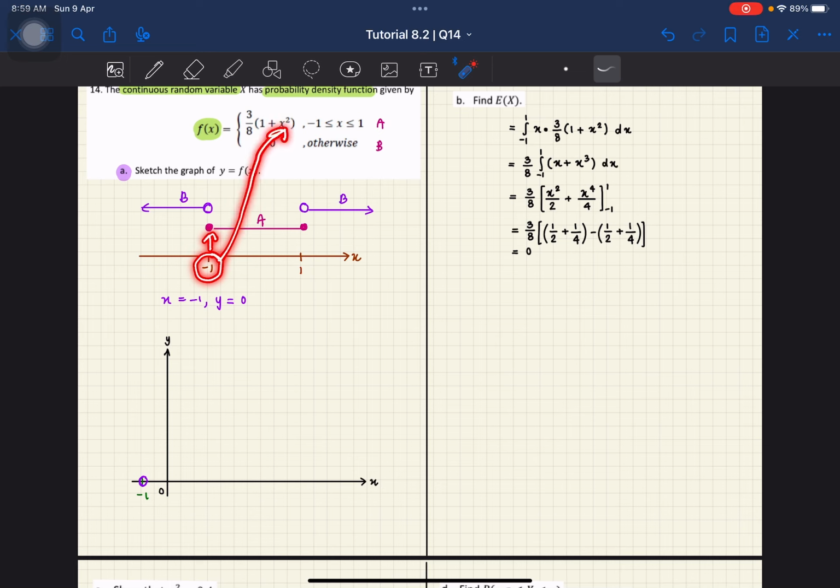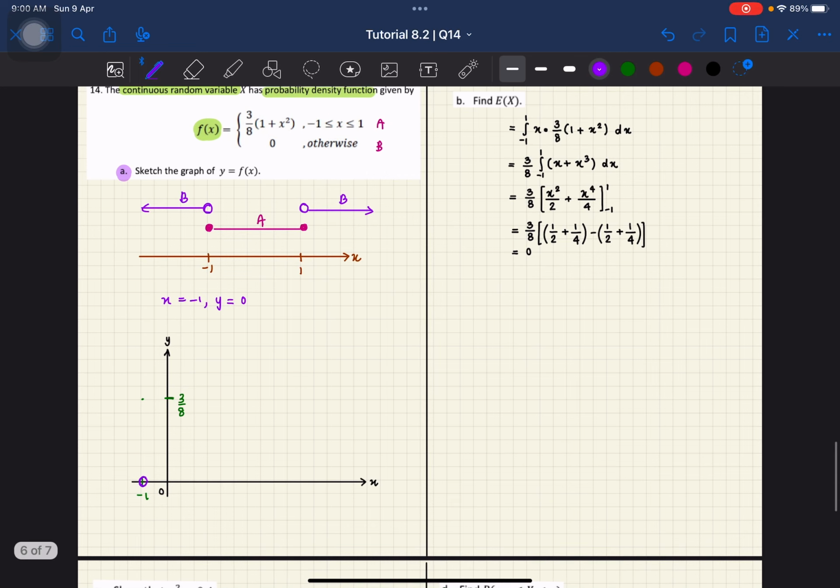Kita akan dapat apa? So awak akan dapat 3/8. Okay. So 3/8 is somewhere up here. Sini 3/8. Okay. So saya akan buat satu bulatan yang berwarna. Okay, settle. And then for the next one pula, okay, lupa nak tulis tadi.